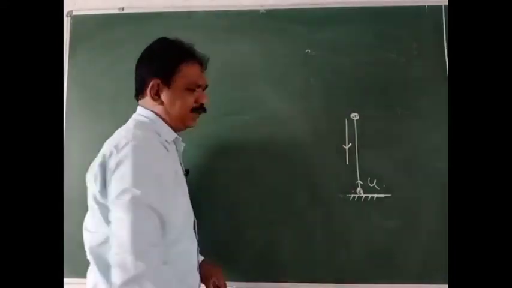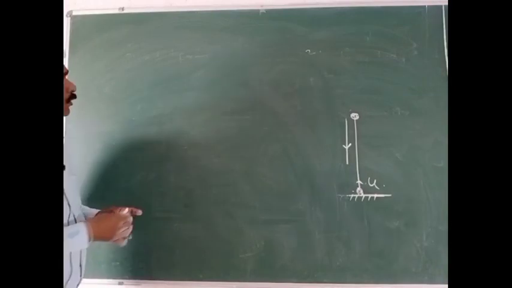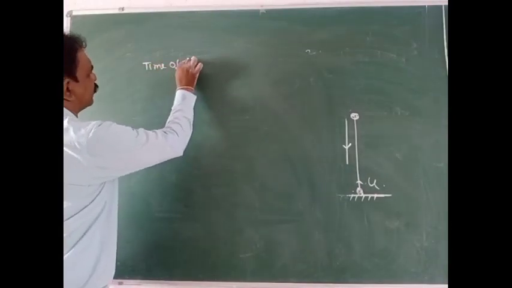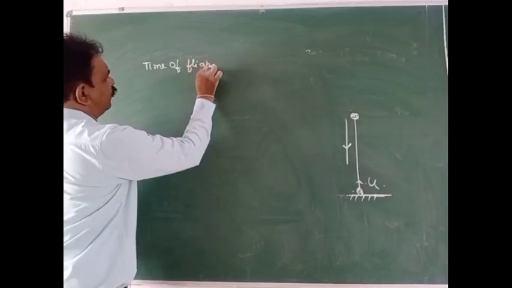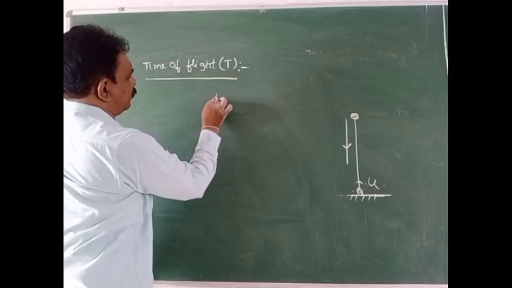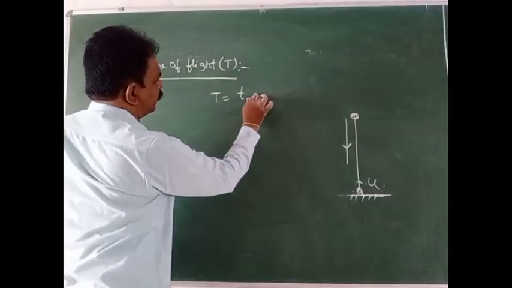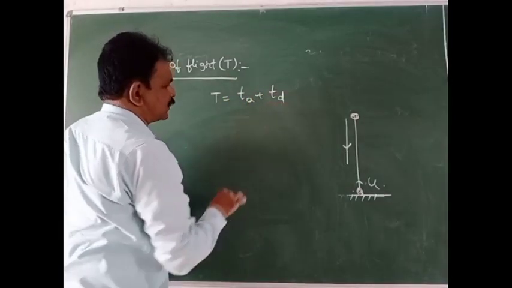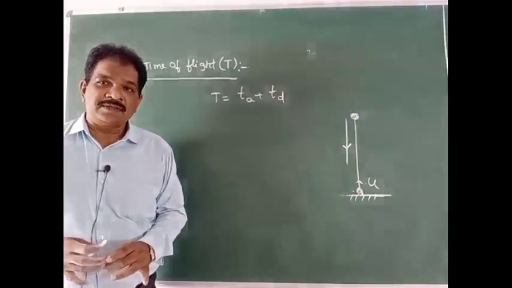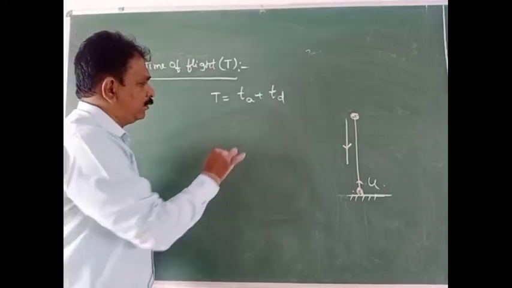The sum of these two will be called the time of flight. So next one will be time of flight. Time of flight means the sum of time of ascent and time of descent is called time of flight.